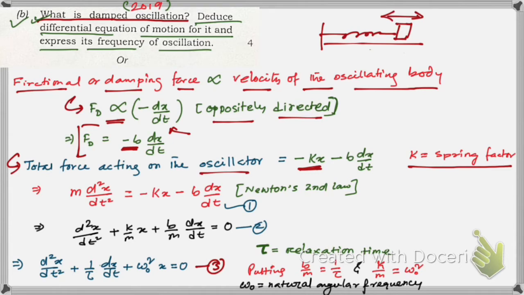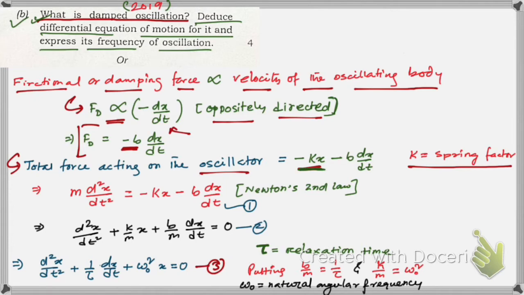Here this minus kx force is provided by the spring, and this minus b dx by dt is due to the friction and maybe air resistance. This is the damping force, right? So hope you have got how we have got the total force acting on the oscillator.